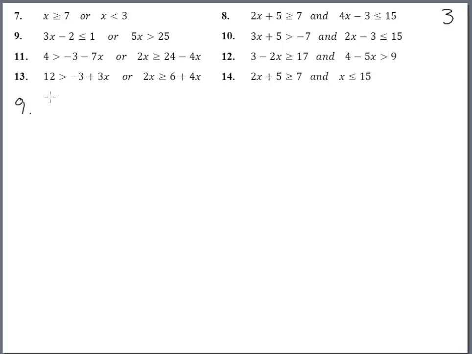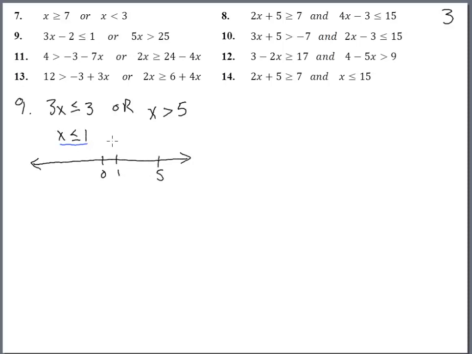Number 9. We have 3x minus 2 is less than or equal to 1, so that's 3x is less than or equal to 3. X is less than or equal to 1. Or 5x is greater than 25. That's x is bigger than 5. So we draw our little number line, and there's 0, there's 1, there's 5.